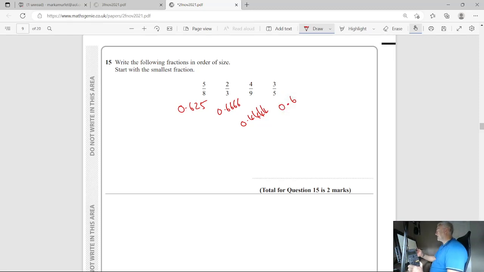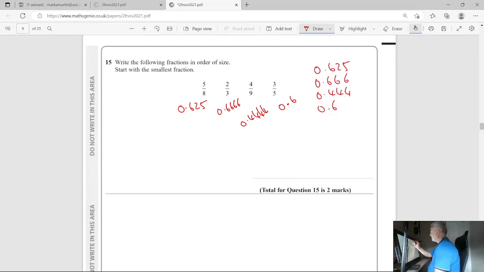So again, let's do what we did at the start when we had to list the decimal numbers. We've got 0.625, 0.666, 0.444, and 0.6, nothing else after it. So get rid of the decimal points and the zeros in front of it.